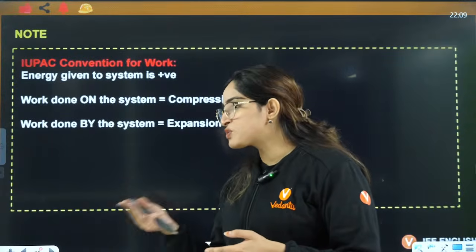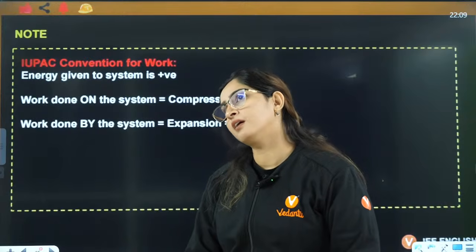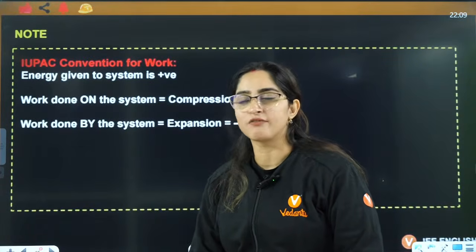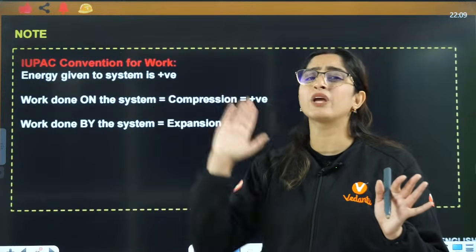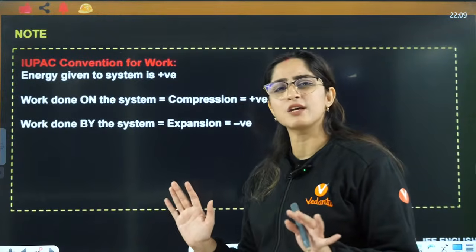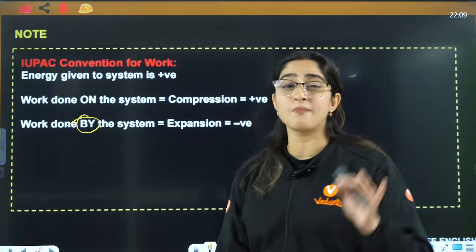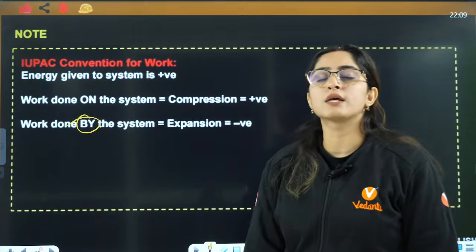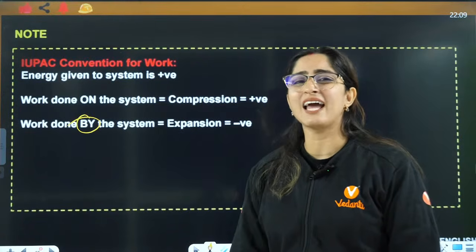What if you have to start reading the book and do this yourself? You'll feel, why do I have to do this myself? That means when the work is done on the system, when someone is doing work for you, you are happy, you are positive. When you have to do the work by yourself, when the work is done by the system, it is negative. Why do I have to do this?